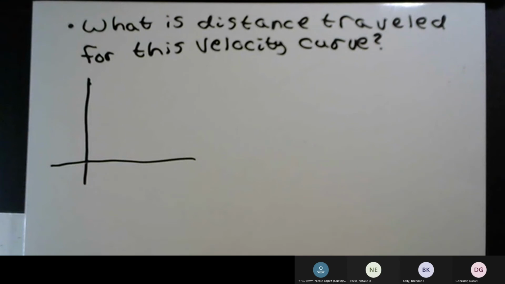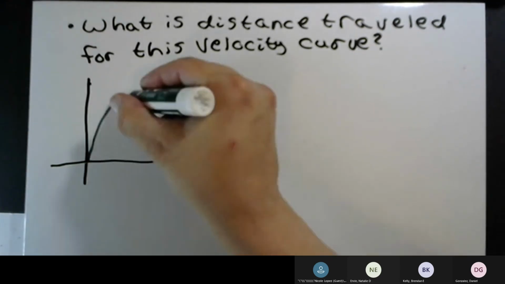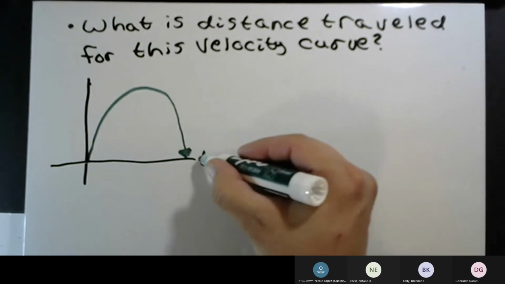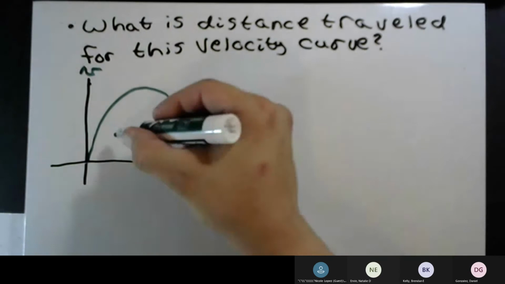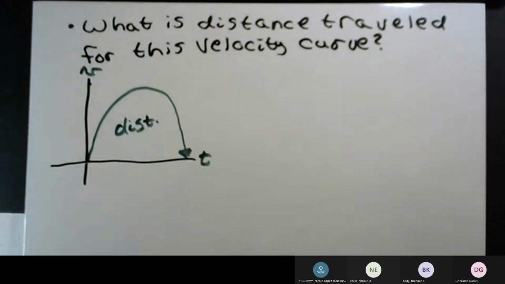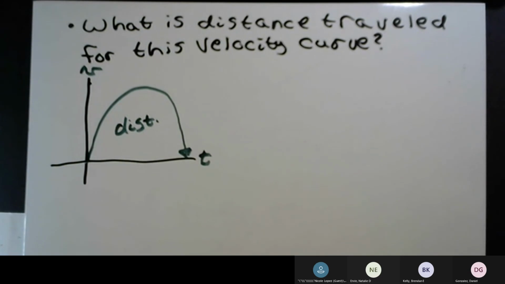See, our velocity curve does this. This is t, and this is v. And so this distance is the area. Distance is the area underneath this curve. So what can we do? This is where calculus comes in.